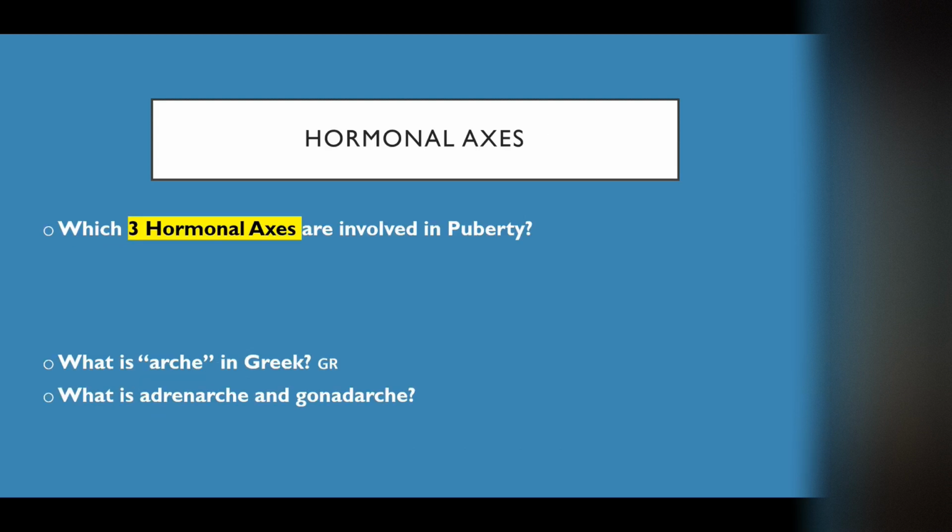Moving on, now going to the endocrine part of puberty. So there are three hormonal axes involved in puberty. Which ones do you think? Yes, so which hormone specifically? Because all three of them go this way.